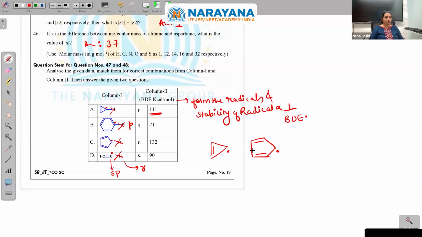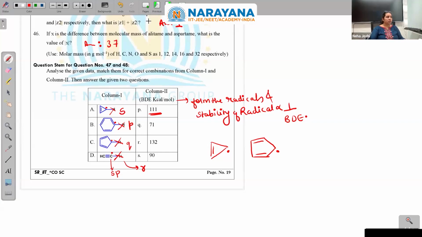So this has more resonance than this, right? If I compare these two, C has more resonance, so less energy, so Q, and A has less resonance, so S.